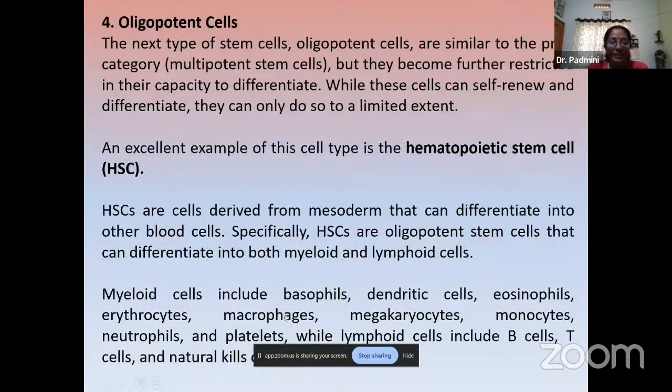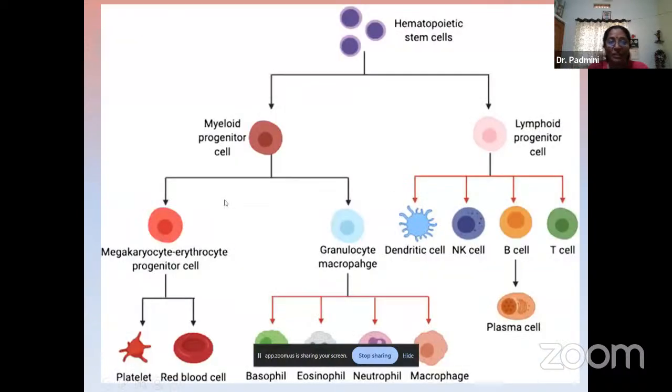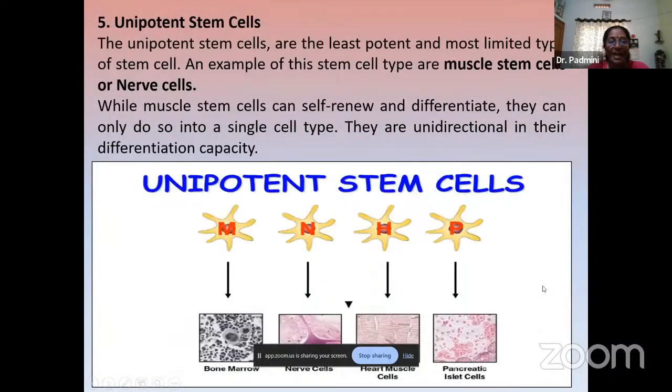Myeloid cells give rise to basophils, dendritic cells, eosinophils, erythrocytes, macrophages, and megakaryocytes, and of course the lymphoid cells give the B cells, T cells, and natural killer cells. This is the same thing that I was talking about, the myeloid and the lymphoid forming different types of cells. Then the last one is the unipotent stem cells.